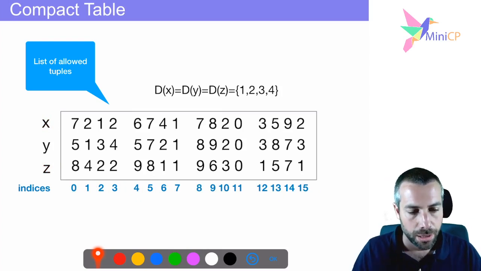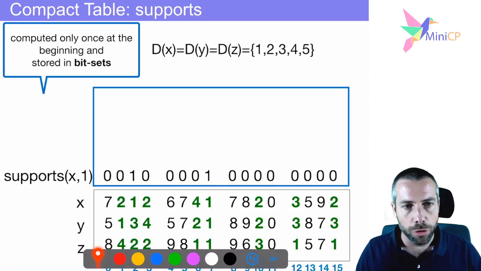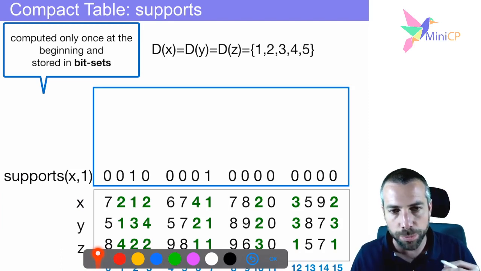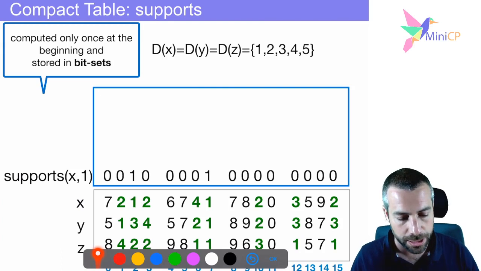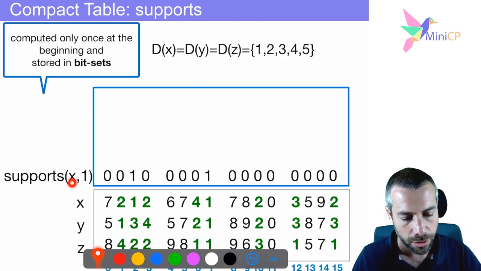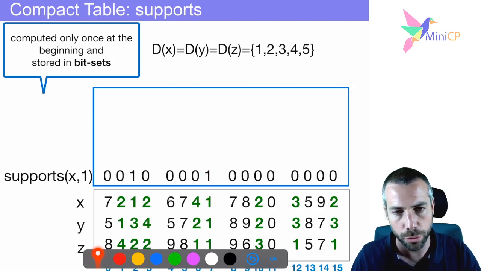Initially, for compact table, we compute for every literal a bit set that represents the support for that literal. For instance, for the literal x1, you've got a bit set to 1 for this tuple. Why? Because you see that x is equal to 1 for this tuple, x is equal to 1 for this tuple. That's it. All the rest is 0 everywhere.